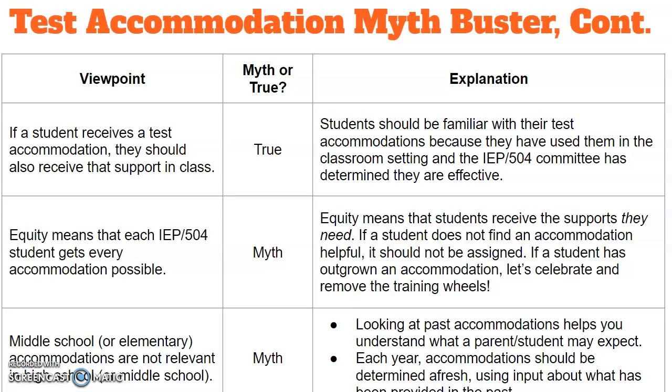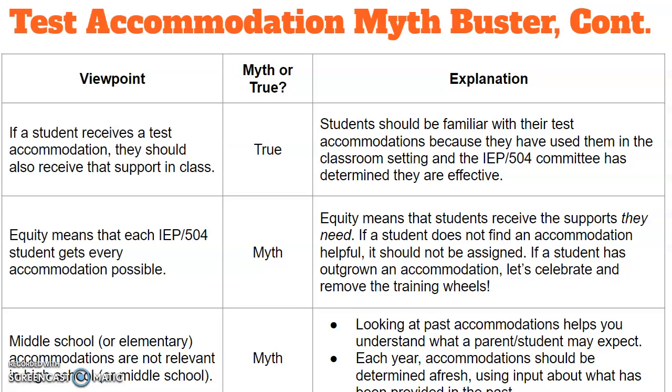I also want to point out that there is the very big importance of looking at past accommodations and deciding what is relevant for the student now. Sometimes I look at test accommodations in IEPs or 504 plans, and it seems that the case manager has selected all the accommodations that may have been possible or that were once given to the student.